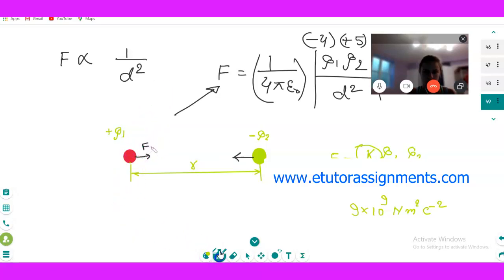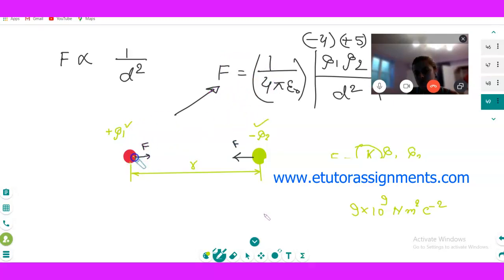This is called F. Both the forces are equal, even though the charges are different. Force will be equal, don't think that the force will be unequal. That is the reason we are taking the mod.